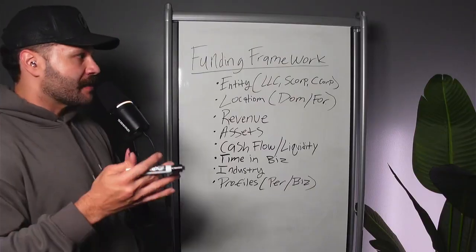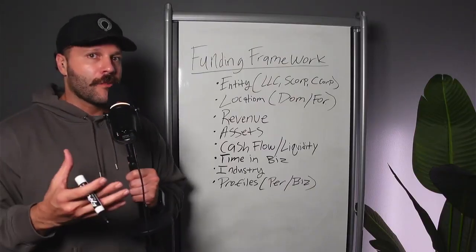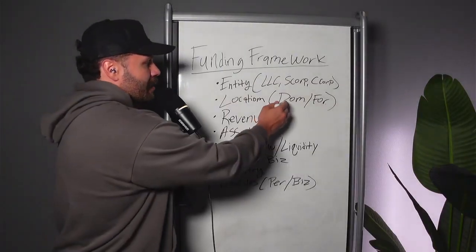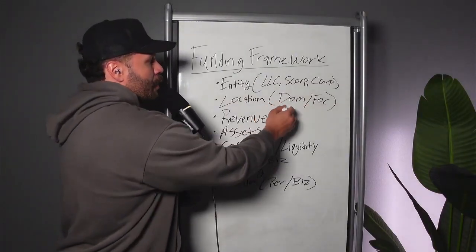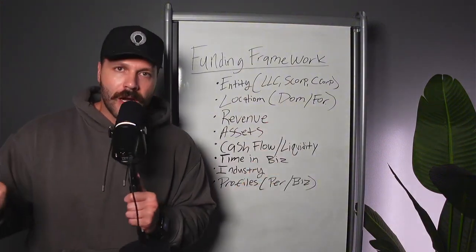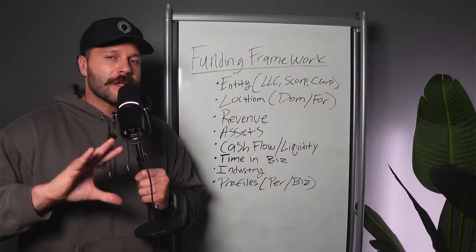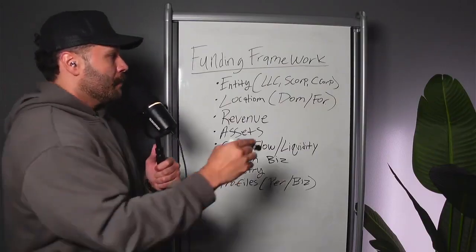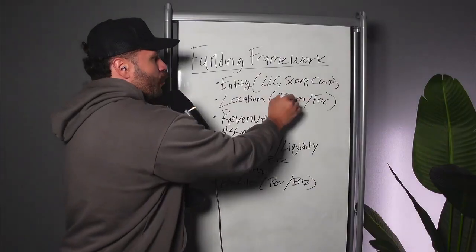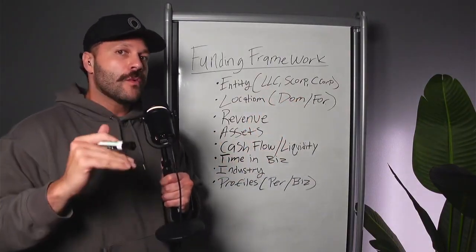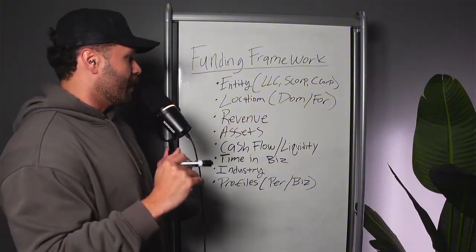This changes the entire equation, though, of the funding framework and how we actually approach funding, because now you're not necessarily operating out of one state. You now have multiple states that you can operate out of. Now, there's pros and cons to operating out of multiple states, especially when you're looking to scale your capital, which I won't get into in this video. But just know that depending on which one carries the majority of the weight of the structure, that's what we're going to put the majority of our emphasis on.